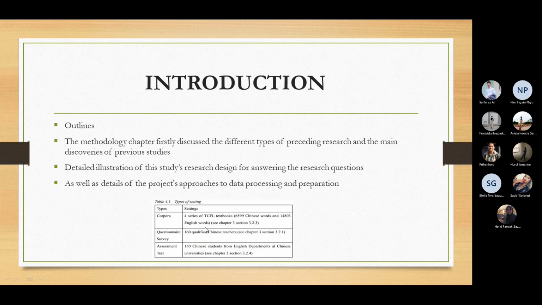First and foremost, he used the series of TCFL textbooks, and there is also the figure counting those words: 6,599 Chinese words and 14,803 English words in chapter 3 are presented.